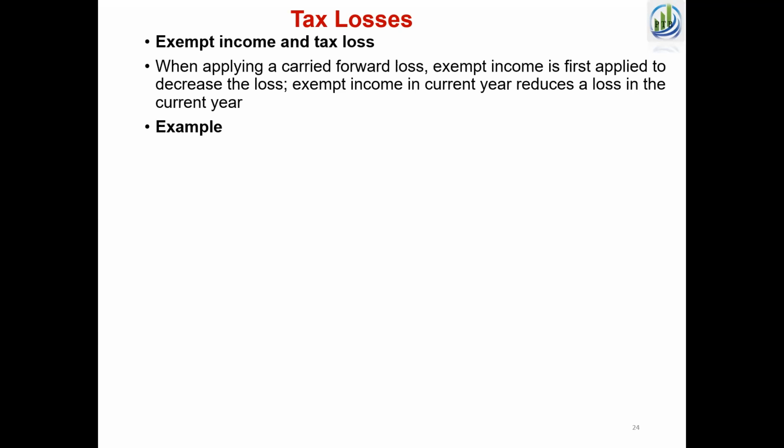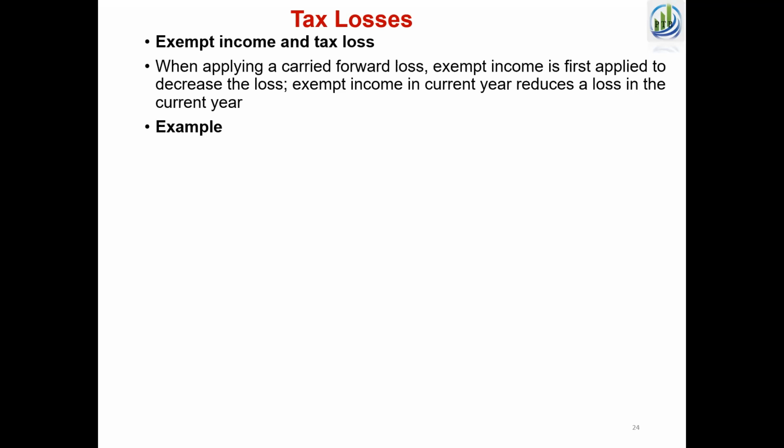We cannot do that, because exempt income is not taxable. So you offset all of the $15,000 tax loss. Now your taxable income is zero. You don't worry about the balance of $5,000 exempt income. The exempt income is added back only up to taxable income zero.